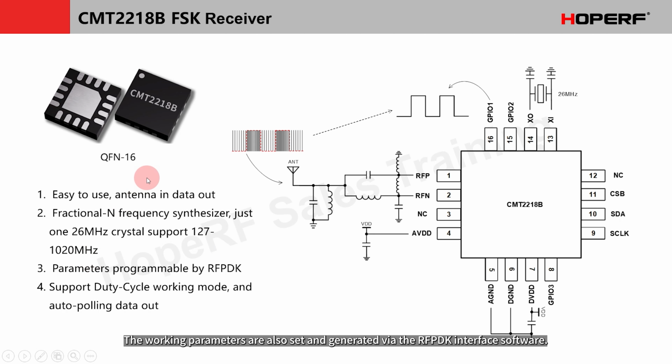The working parameters are also set and generated via the RFPDK interface software, then burned into the chip's internal EEPROM to enable independent operation. Moreover, CMT2218B supports duty cycle working mode. All duty cycle parameters are generated in RFPDK. This mode supports data auto polling.